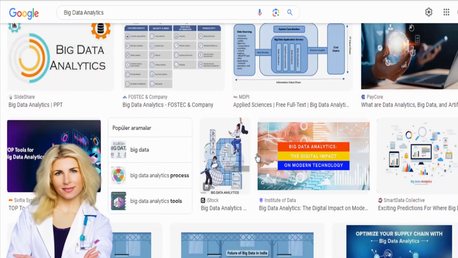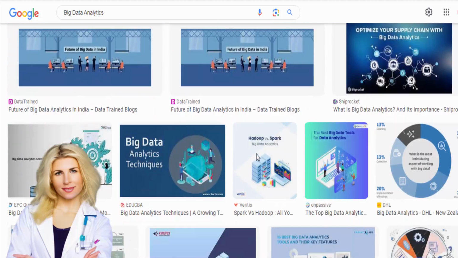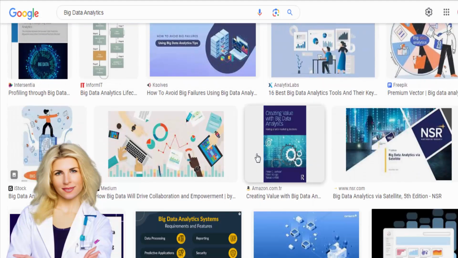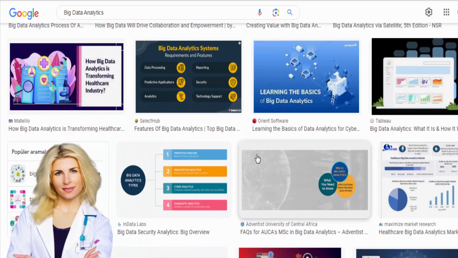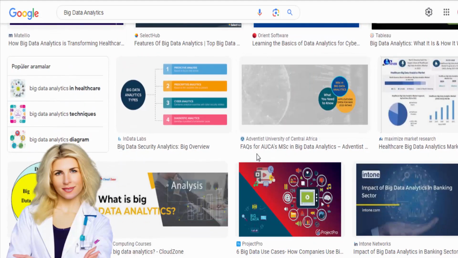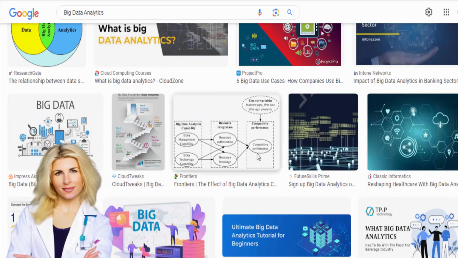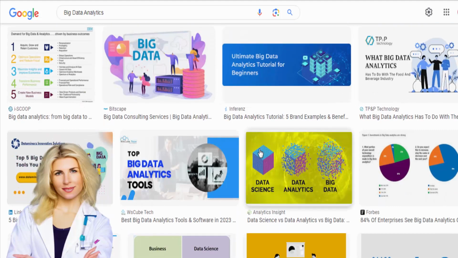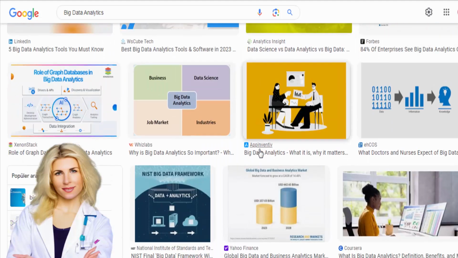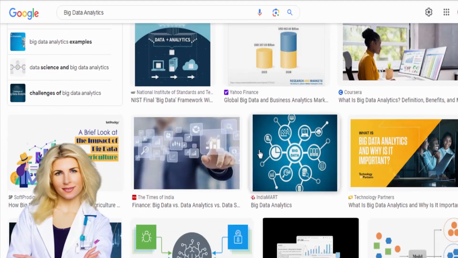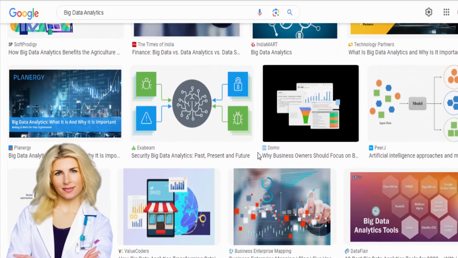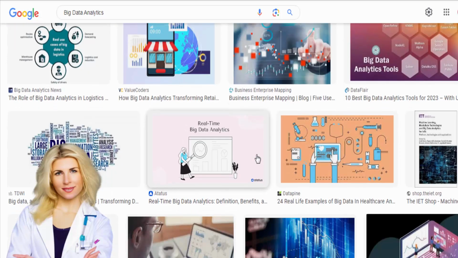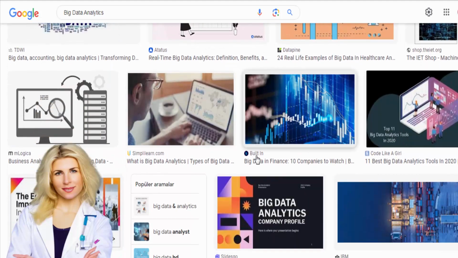It is used for fraud detection, risk assessment, and algorithmic trading. Marketing. Big data helps in customer segmentation, targeted advertising, and understanding market trends. Smart cities. In urban planning, it can optimize transportation, utilities, and public services. Scientific research. Analyzing large datasets in fields like astronomy, genomics, and climate science.